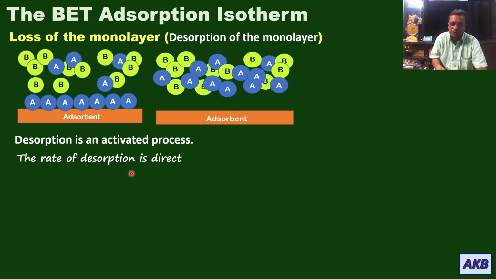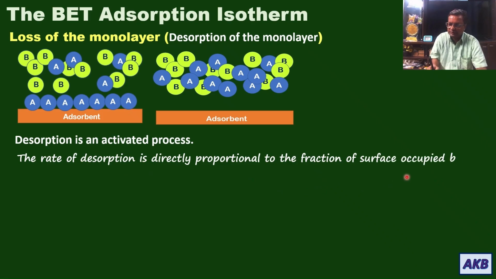The rate of desorption in this case is directly proportional to the fraction of the surface that is occupied by the monolayer. That fraction will decide the rate. So mathematically, RD1 is directly proportional to A1, that is, RD1 is equal to KD1 into A1. I'm calling it equation number 7.